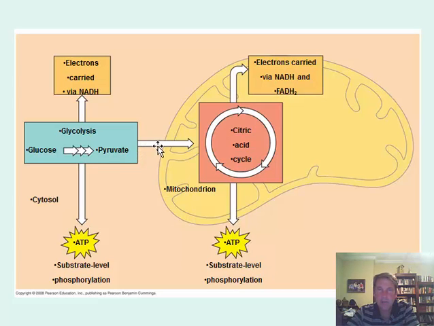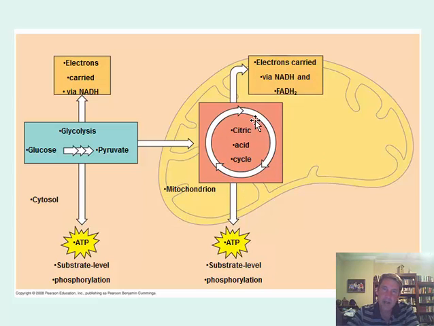Pyruvate hooks up with an enzyme, coenzyme A, and when it attaches, it forms acetyl coenzyme A. So this changes the molecule, and then it goes into the Krebs cycle, also referred to as the citric acid cycle.